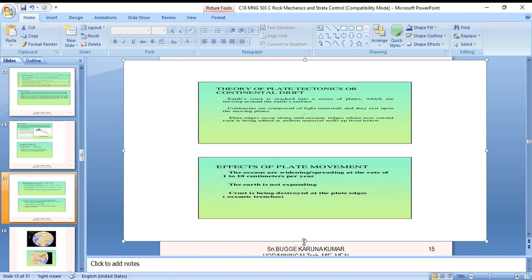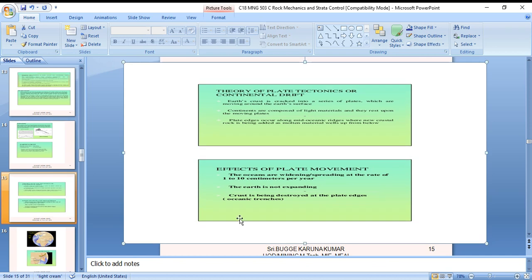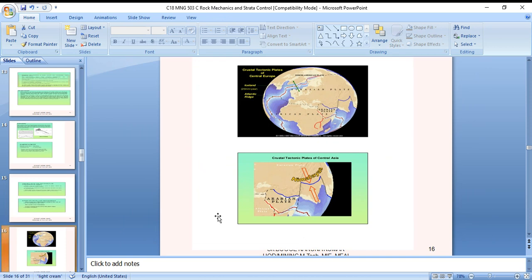The plate ridges occur along the mid-oceanic ridge, where new crustal rock is being added from molten material welling up from below. As an effect of plate movement, the oceans are widening, spreading at the rate of 1 to 10 centimeters per year. The earth is not expanding; crust is being destroyed at the plate's edge, the ocean edge. So these are plate tectonic movements for explanation purposes.